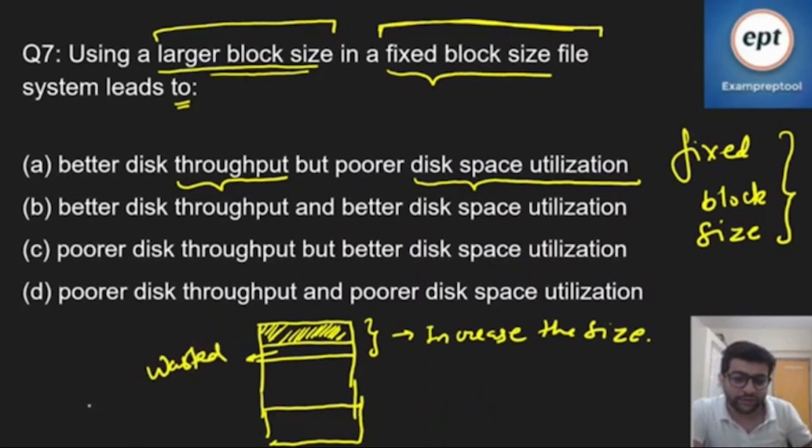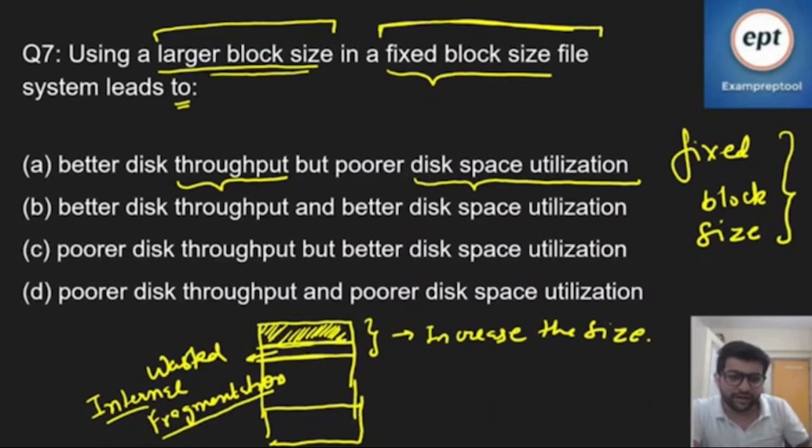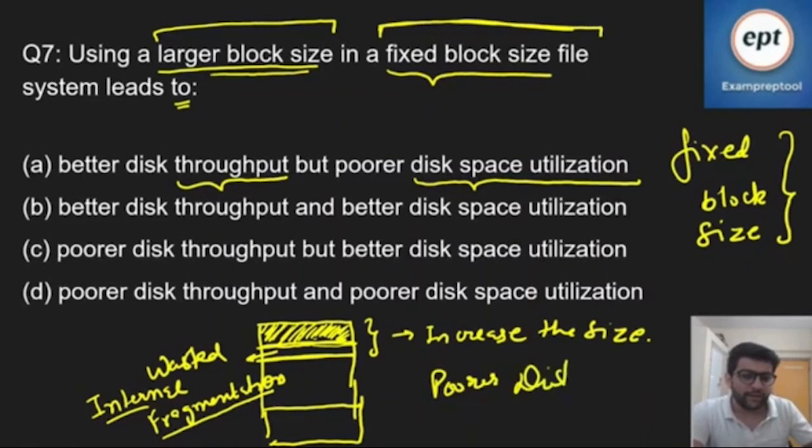It will lead to internal fragmentation, right? If you have revised, then you will know what internal fragmentation is. Internal fragmentation is the space which is wasted because a smaller part of a block was used to store a smaller file, right? So hence it will lead to poorer disk space utilization, right? So this answer is not correct.